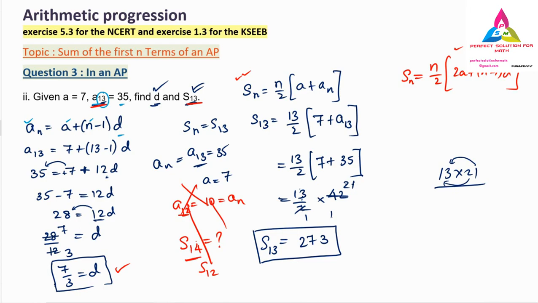But you are now in 10th, so if you have problems like this, don't go that way, make it simple. This 13 ones are or 21 ones are, you can multiply directly with this 3 and 21 directly with this 1 and you will get the same answer. So this is our final answer. The second question answer is 273 and D value is 7 by 3.